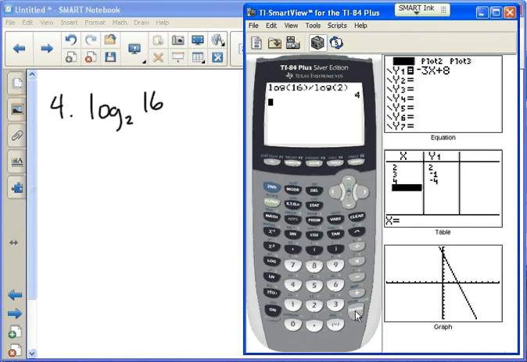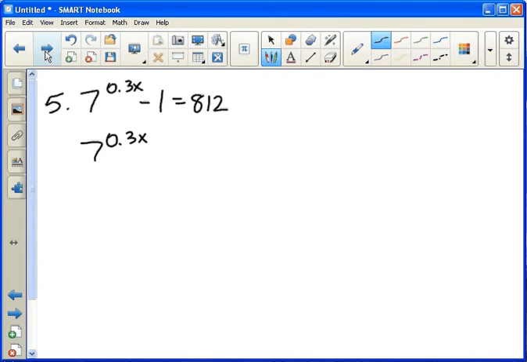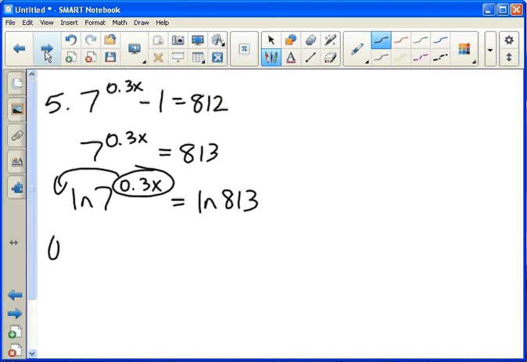So let's go to number 5. If we add 1 to both sides, we've got to find a way to get that x out of the exponent. And the way we do that is we take the natural log of both sides, because what natural logs allow you to do is move the exponents down front. So you get 0.3x natural log of 7 equals the natural log of 813.